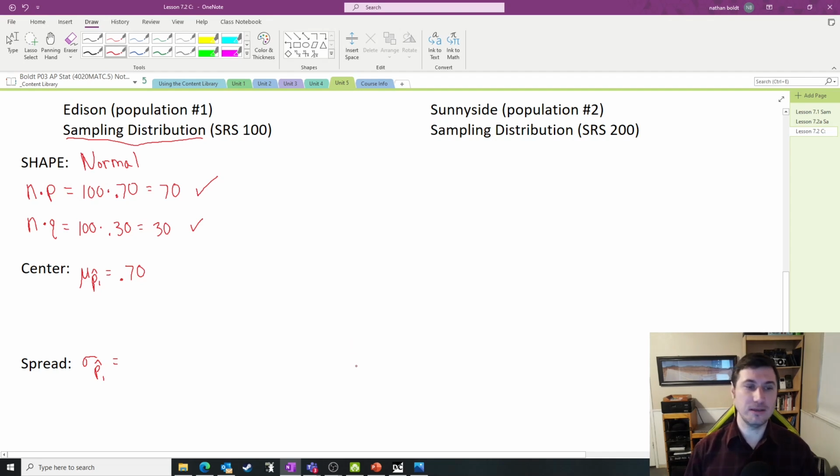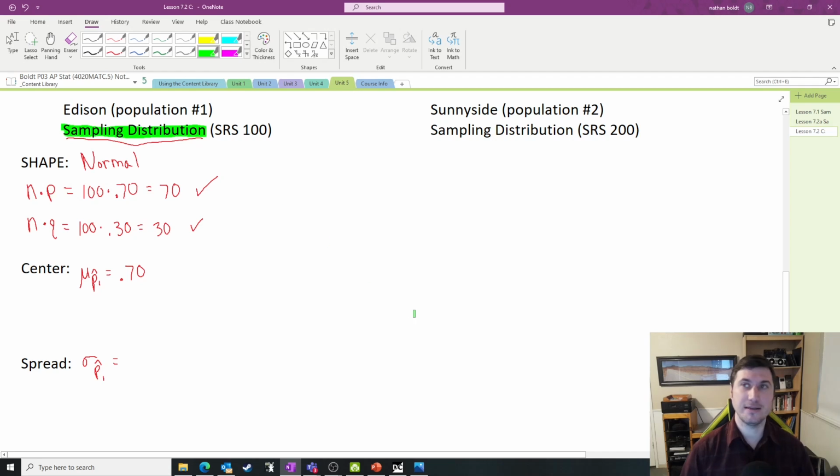Why is it normal? Yeah, so it's normal because the sample size is big enough. If you remember, we did our graphic organizer last time, where even if the population is skewed left, if your samples are big enough, then the sampling distribution will still be normal.